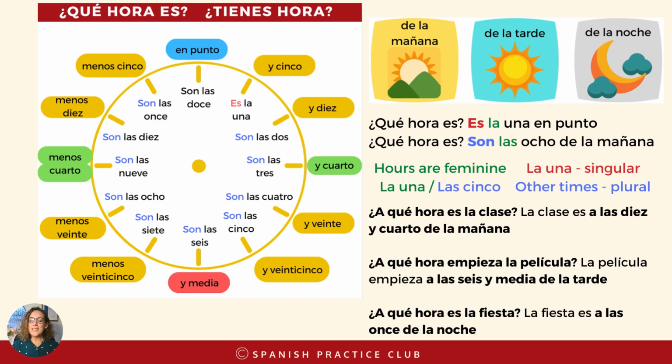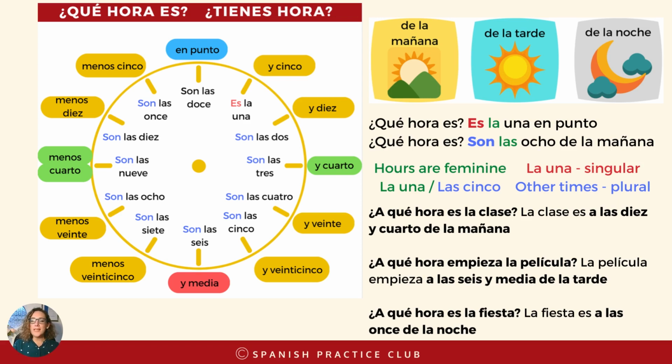Now, to tell the time, because we are describing the time of the day, we need the verb ser. So we need the verb ser in the singular form when we're talking about 1 in the morning or 1 in the evening. And for the rest of the times, because they are plural, we would be using the verb son.